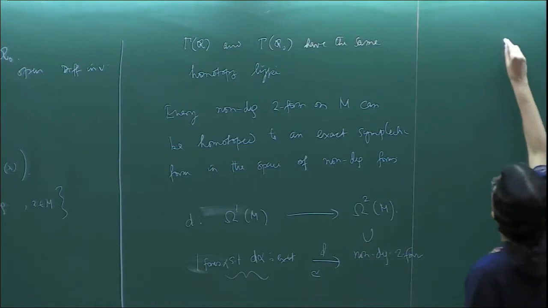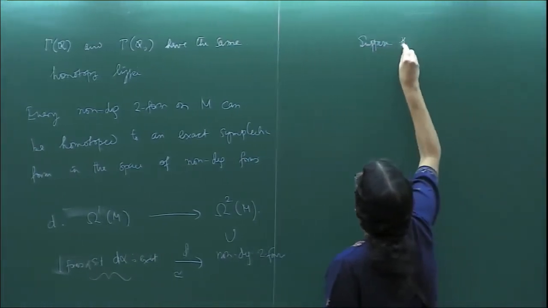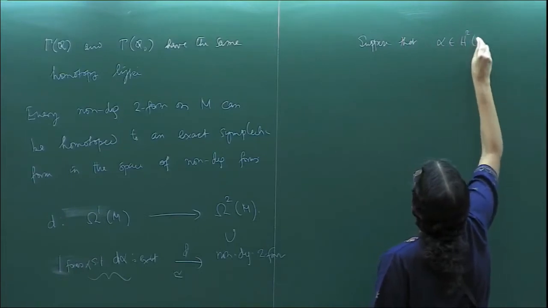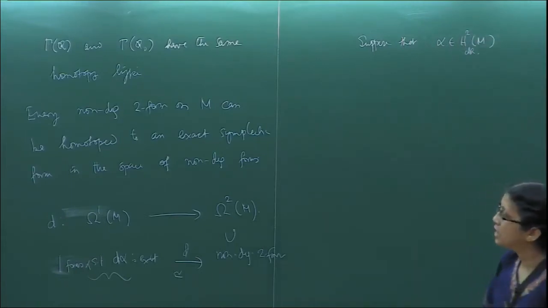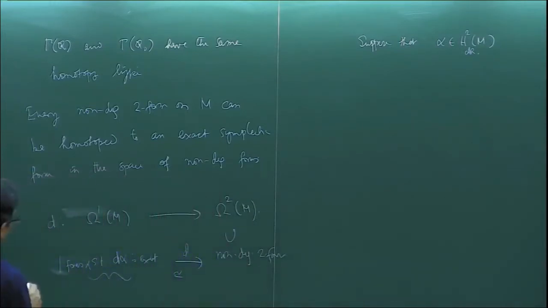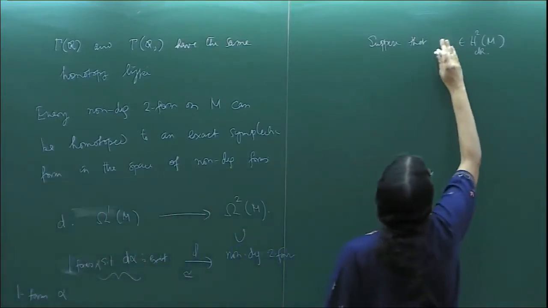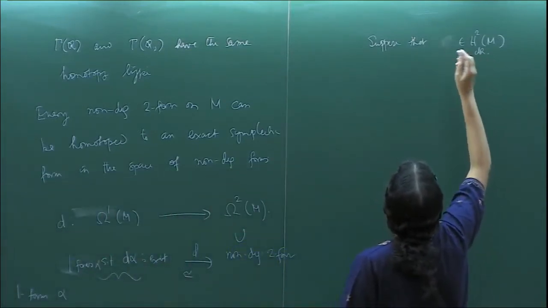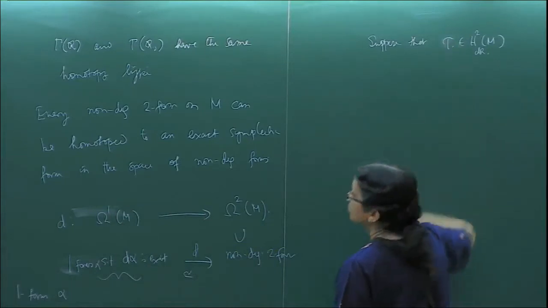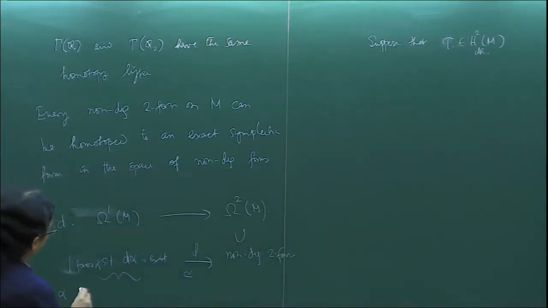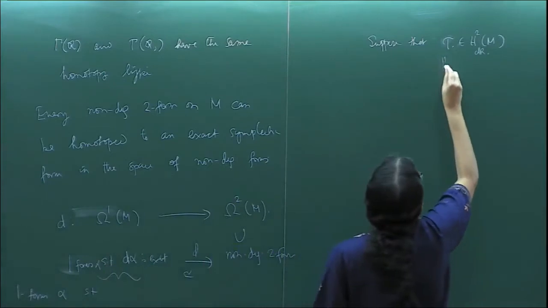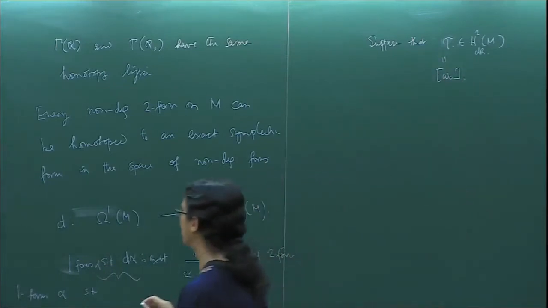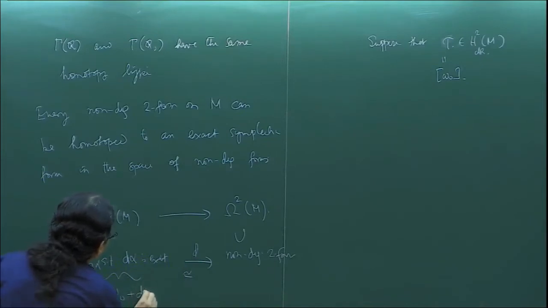Suppose that alpha is some member of de Rham cohomology, then you can replace this by 1 forms alpha, taking maybe omega naught, such that omega naught plus d alpha is symplectic.